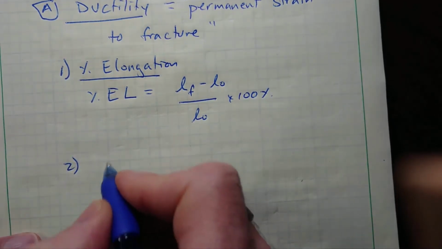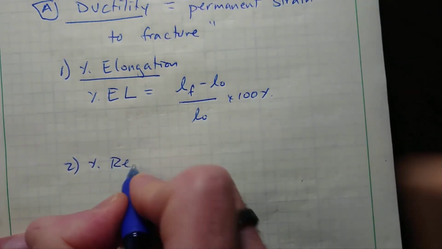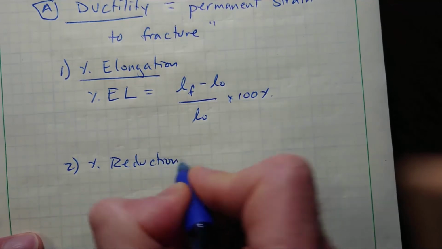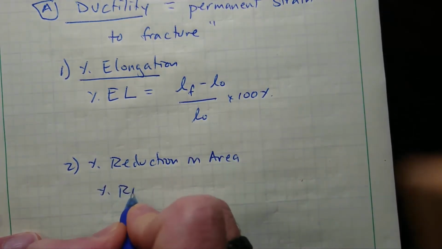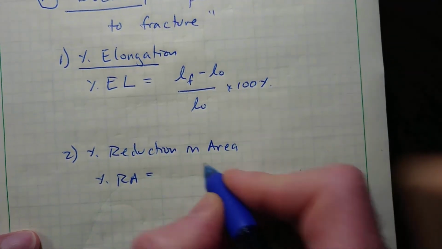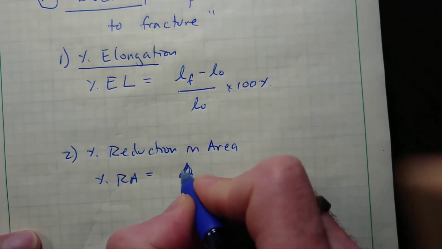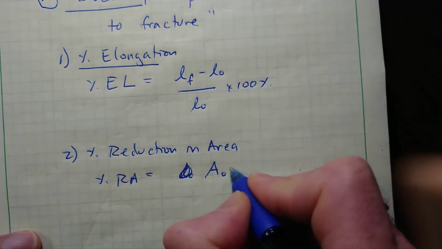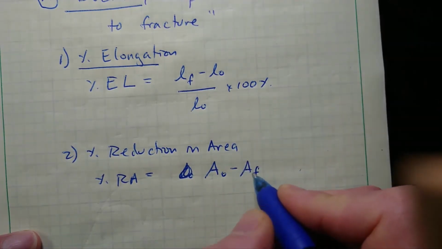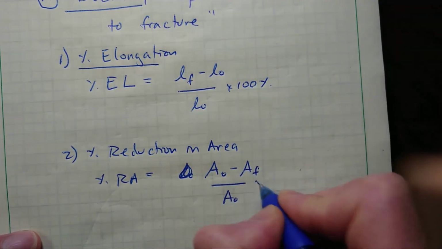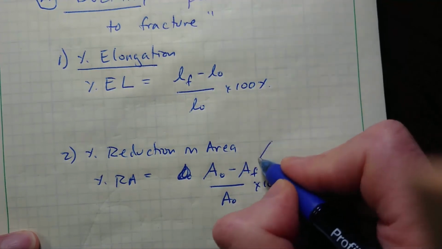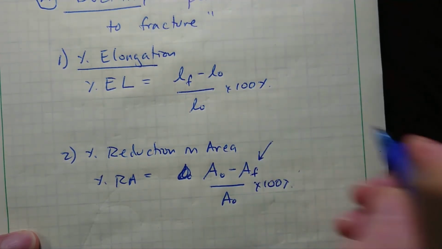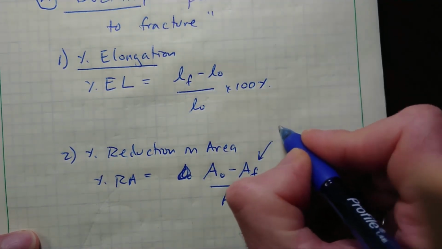The other definition of ductility is the percent reduction in area. Percent RA is defined as the original area minus the final area over the original area times 100%. We can measure the final area as the cross-sectional area at the fracture point.